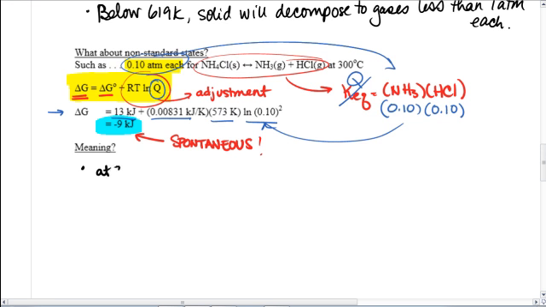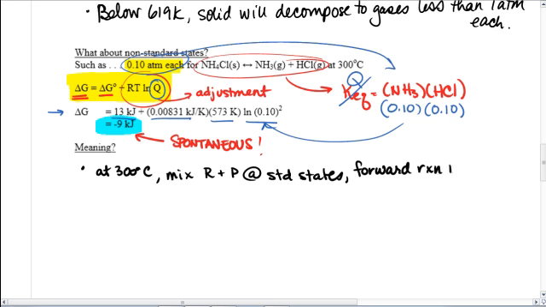At 300 degrees Celsius, if you mix reactants and products at standard states, which reaction will be favored, the forward or the reverse? If it's negative, it's spontaneous, right? So forward or reverse? Forward. So the forward reaction will be favored to equilibrium.